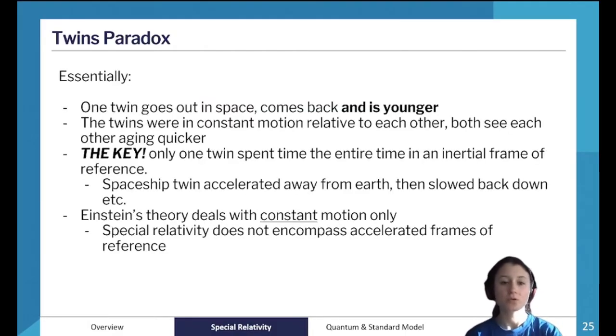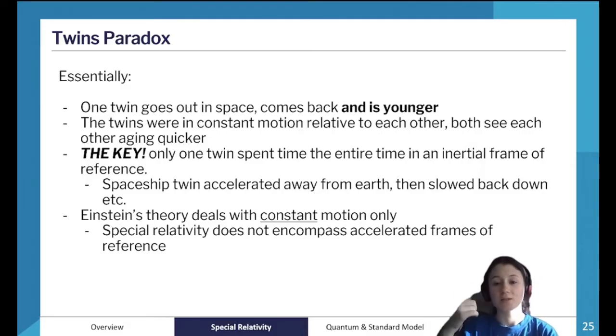So, the key is that only one twin spent the entire time in an inertial reference frame. One of the twins was on Earth in an inertial reference frame, but one of the twins accelerated away from the Earth on a rocket. Remember, an inertial reference frame is one in which there is no acceleration. So the twin on the rocket accelerates away.